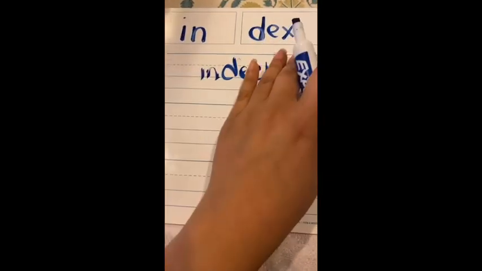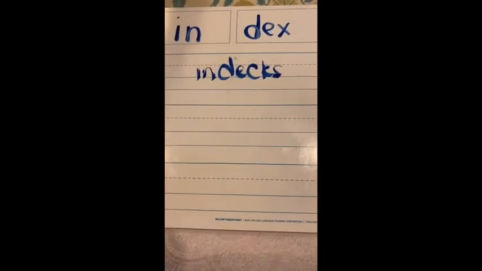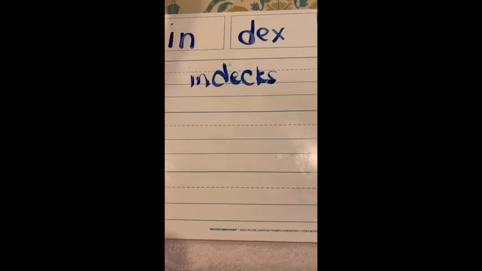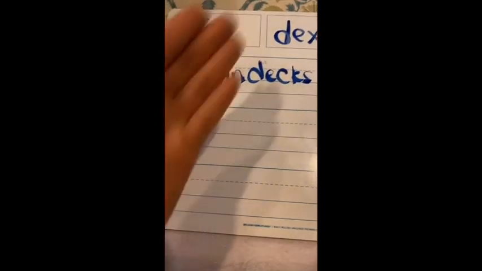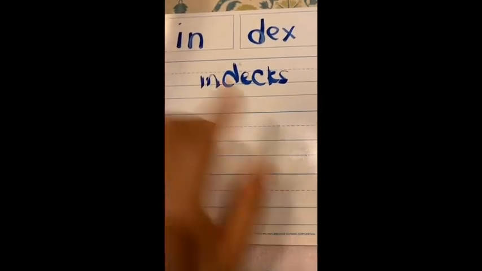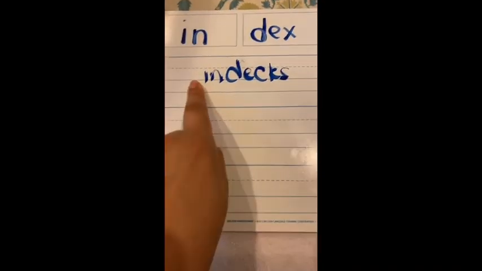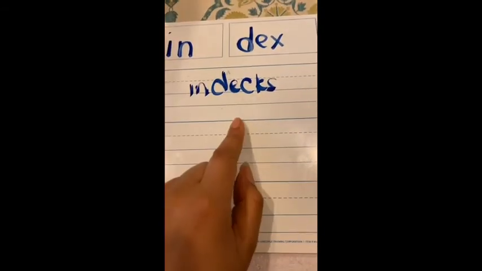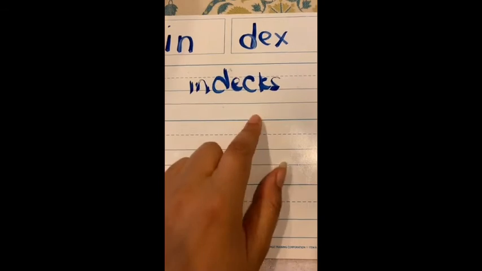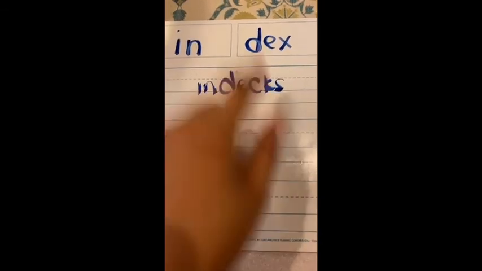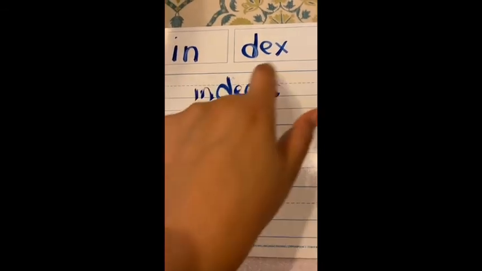So for some words, we'll just have to rely on our memory of what the words look like, and you could have someone check for you. So if you wrote this and wonder, well, what is the word? You can ask someone to check to make sure that this is a real word, or you can look up the word. If you look up the wrong spelling, you won't find it. But if you look up index, you will find it.